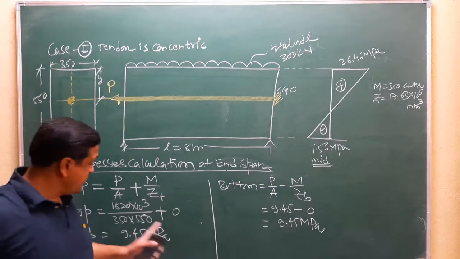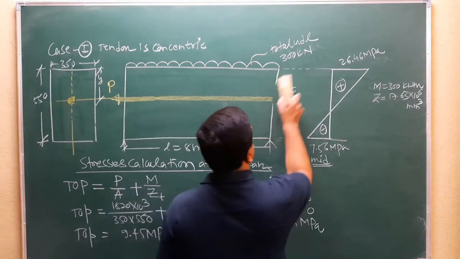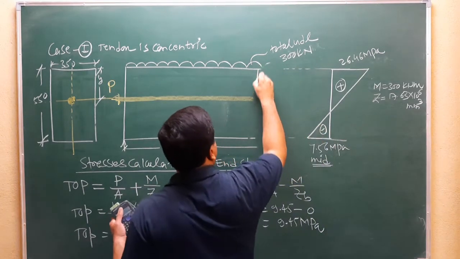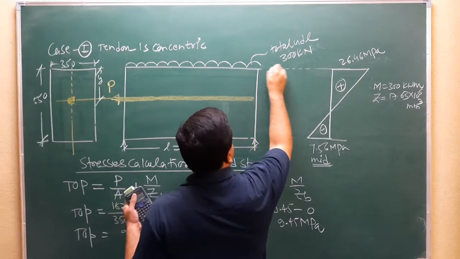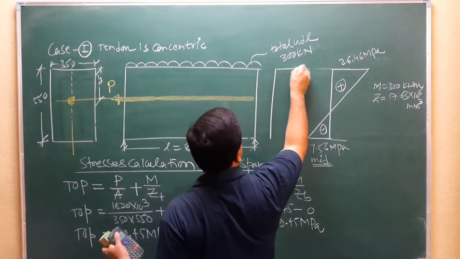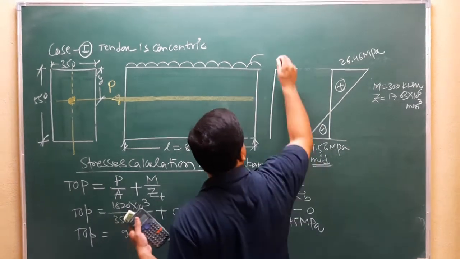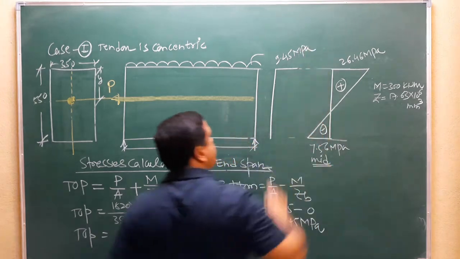So these are the stresses at top fiber and bottom fiber at end section. I will draw this figure here. At top fiber, stress is 9.45 megapascal, isn't it?